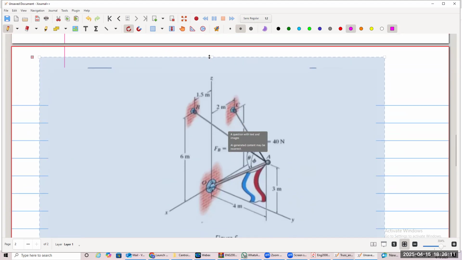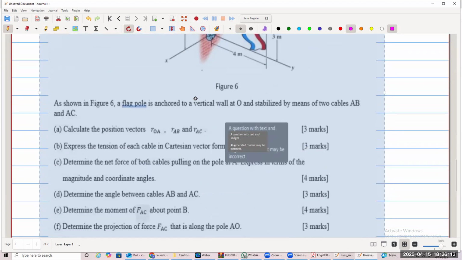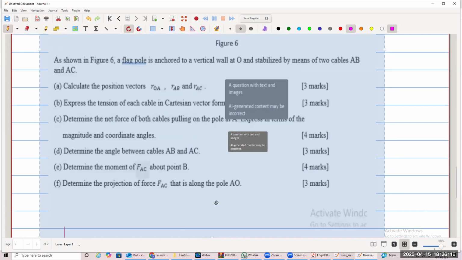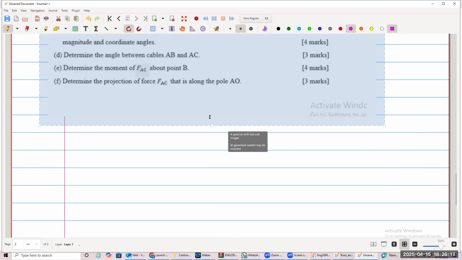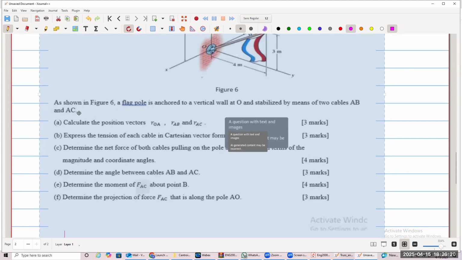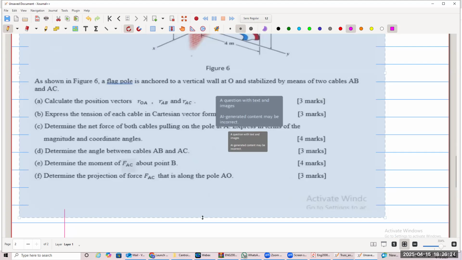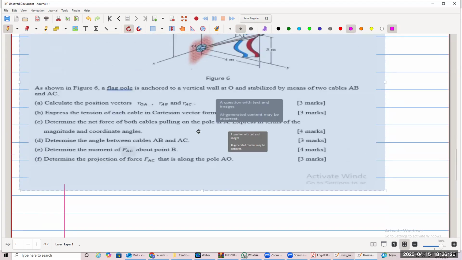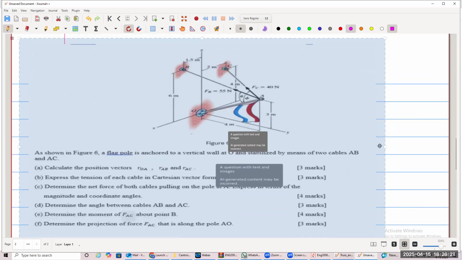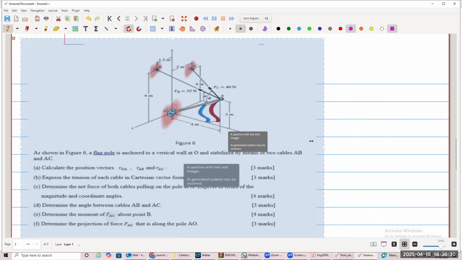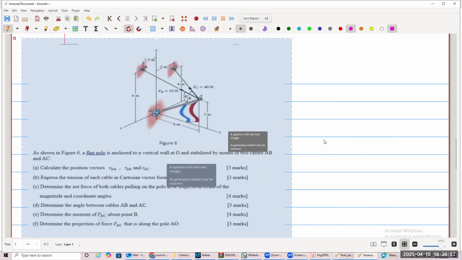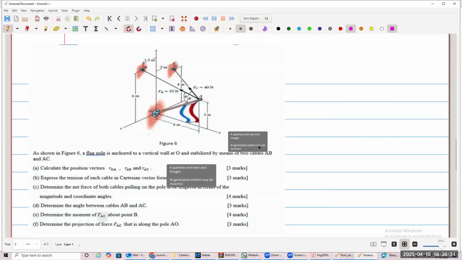All right, so this is a question. You should have done this question by now. Some of you will be familiar with this question. I'm marking right now, and I will see who did it right and who didn't.